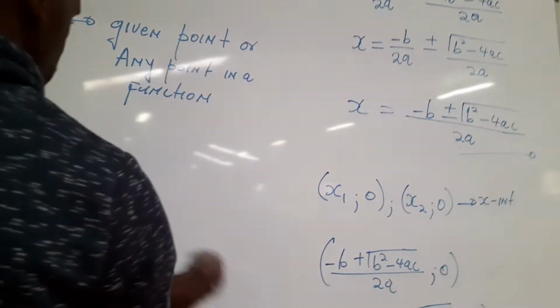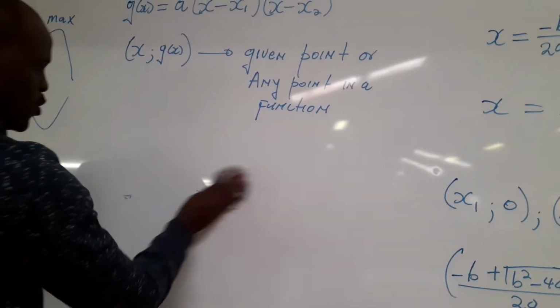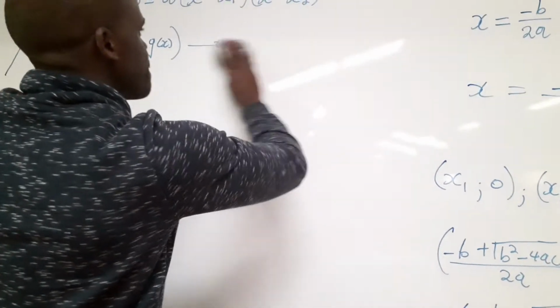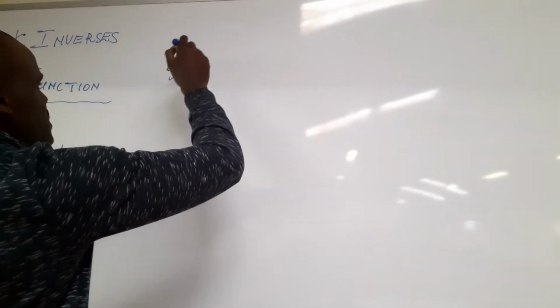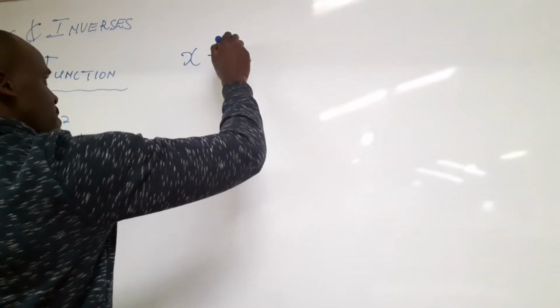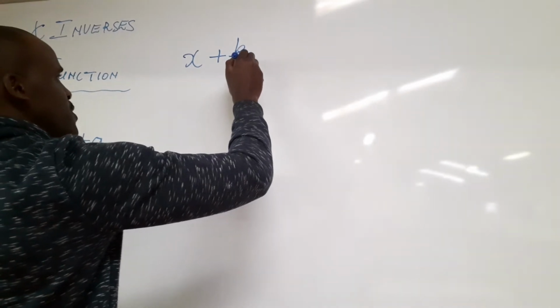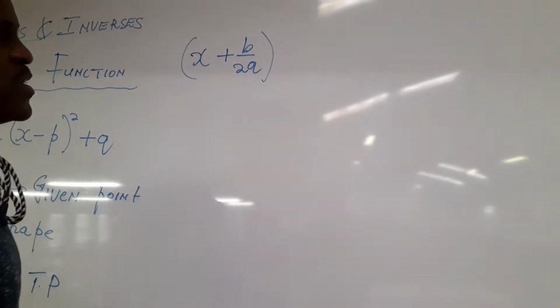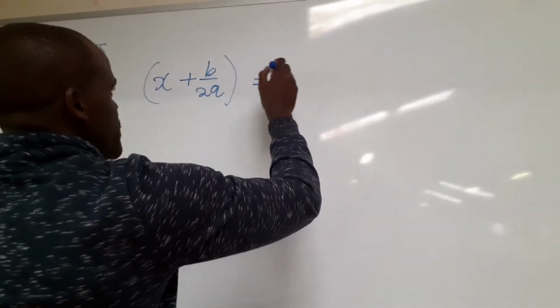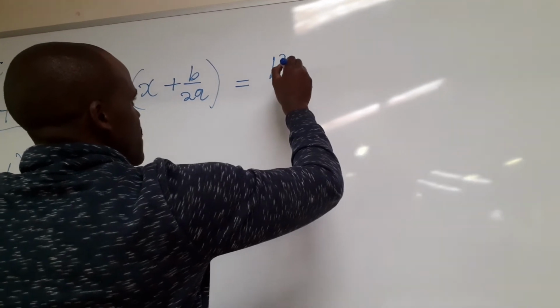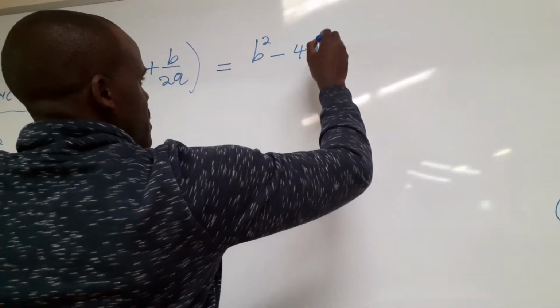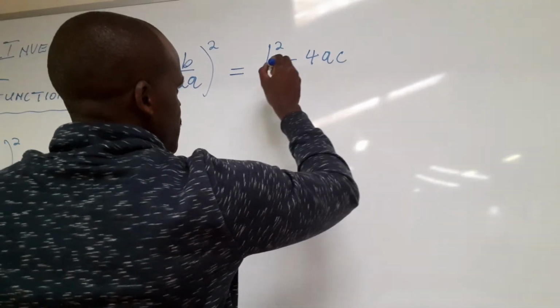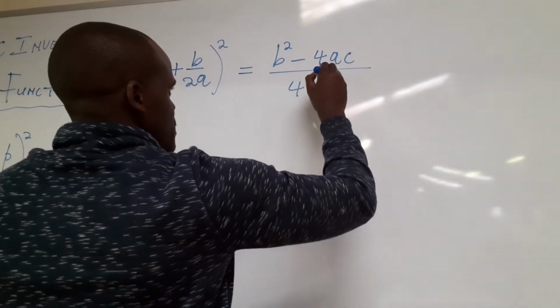If you look at where we solved for x by completing the square, we had this: x plus b over 2a, equated to b squared minus 4ac over 4a squared.